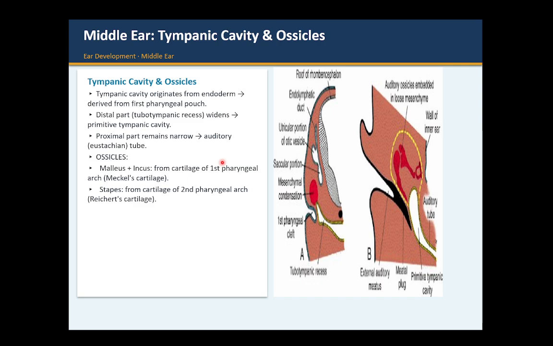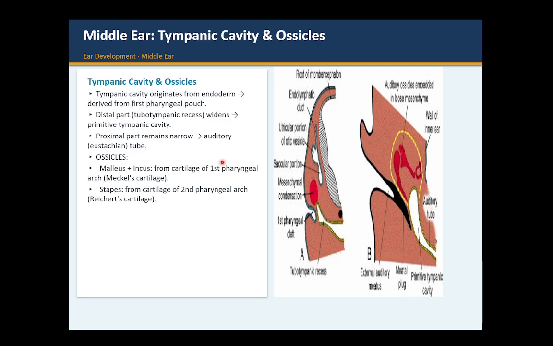Your middle ear cavity comes from the first endodermal pouch, which moves backward as the tubotympanic recess. The proximal part gives rise to the auditory tube, then the middle part, the tympanic cavity, and the distal-most part gives rise to the mastoid antrum.